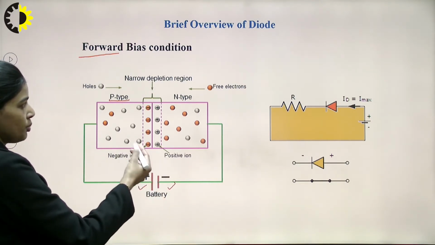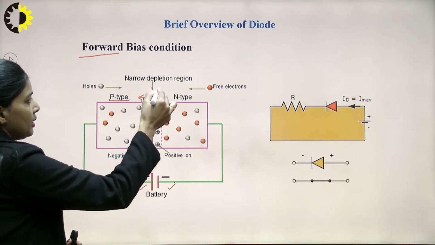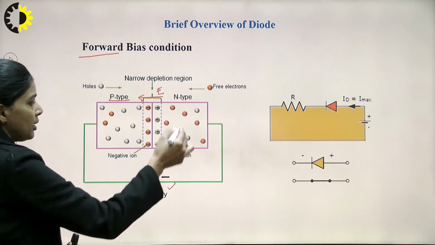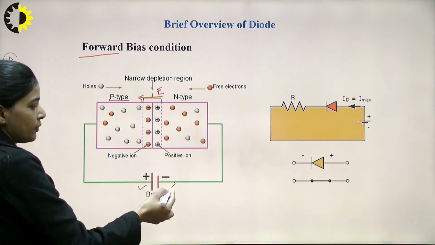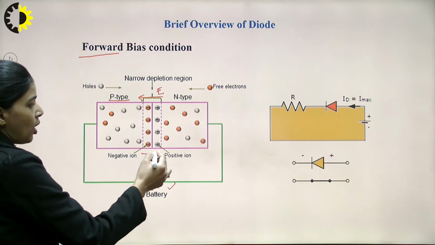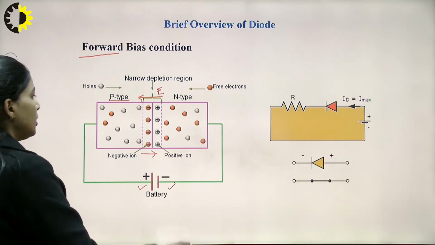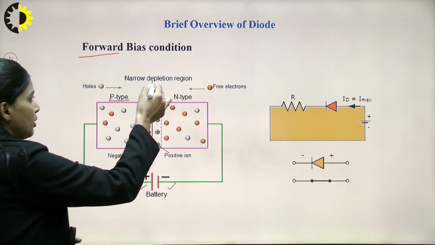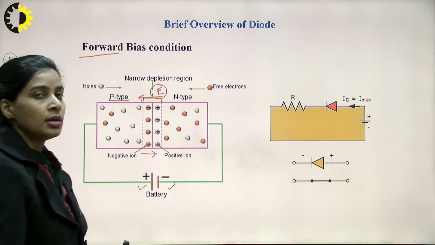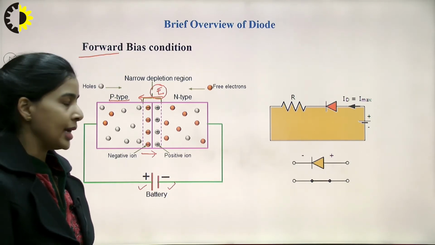Positive is connected to positive, and initially, before biasing, we had the field in this direction. Now, with the polarity of this battery, it will apply a field opposite to the already existing field, and it will effectively reduce the amount of the field that was created without biasing.